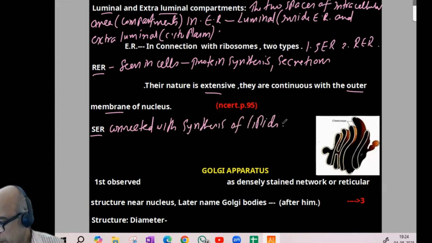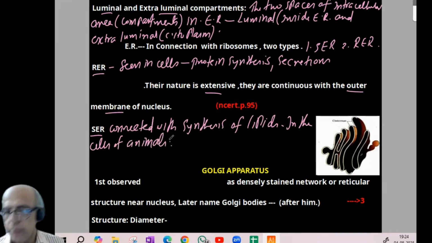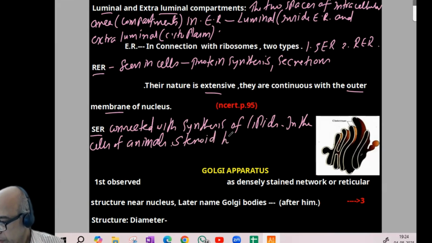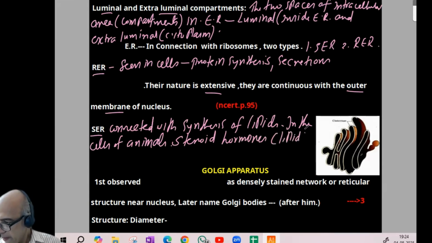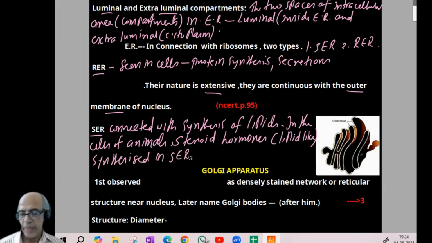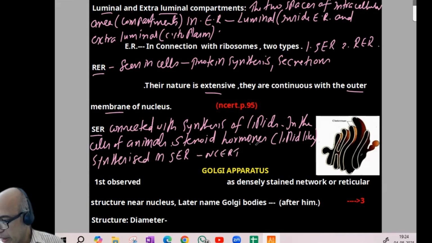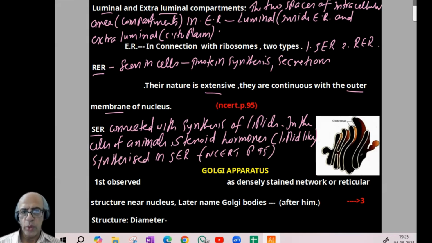In the cells of animals, we can find steroid hormones, lipid-like, synthesized in SER, smooth endoplasmic reticulum. That is given in NCERT page number again 95. That is regarding endoplasmic reticulum. Now we can proceed to Golgi apparatus.